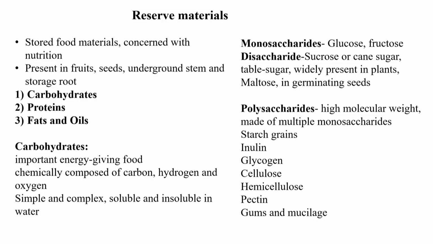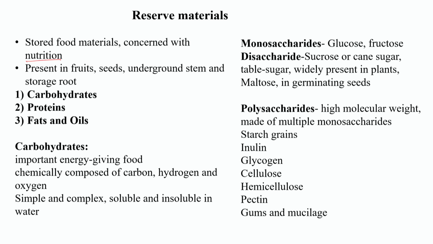So these materials could be stored in different compartments or in different organelles or in cytoplasm, and they will be used for future purpose. Basically, they are required for nutrition of the plant, and mostly we will find them in those organs which serve storage function, like fruits, seeds, then underground stems, like for example tuber like potato.